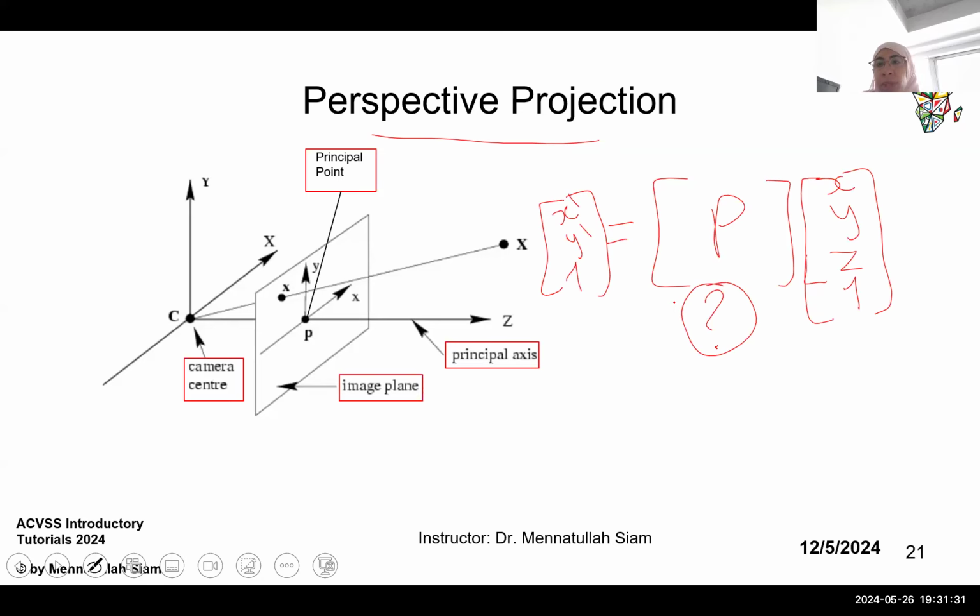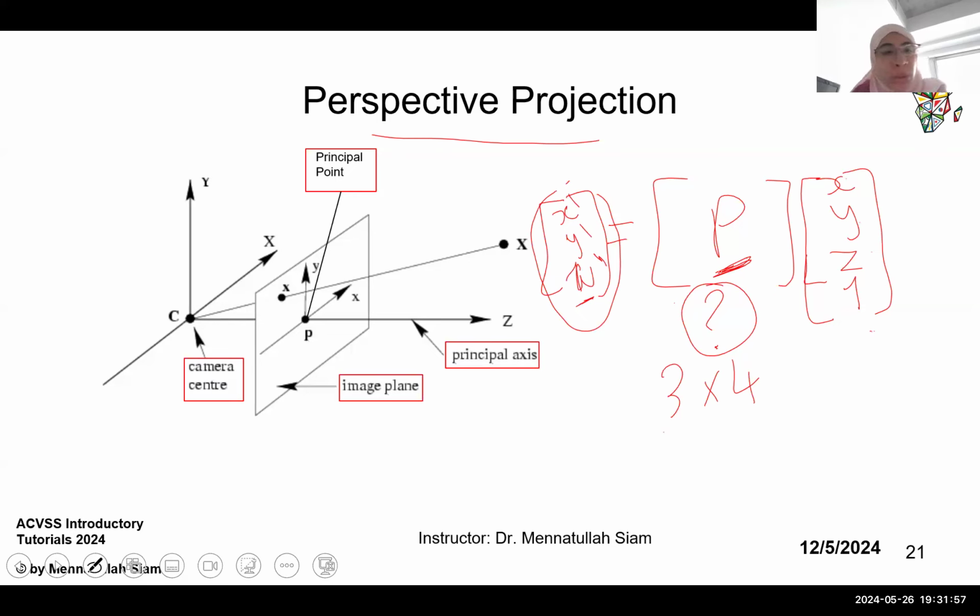This matrix is 3 by 4 because it has to be multiplied by the x, y, z, 1. So we're always working in homogeneous coordinates, and it will result in the x bar, y bar, and some omega bar actually. So this one might differ after the projection. Okay, so let's see how to construct this P.